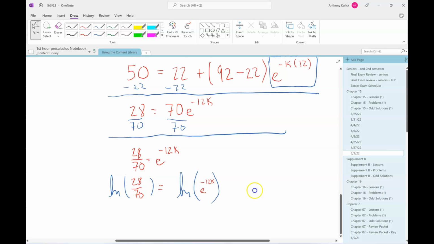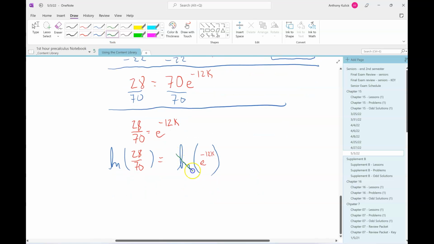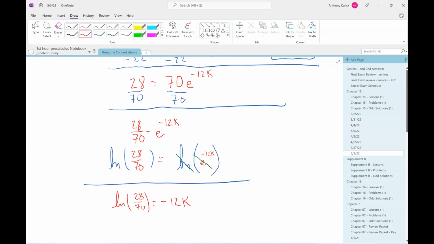They mean the same thing. So we have natural log of 28 over 70 equals negative 12k.